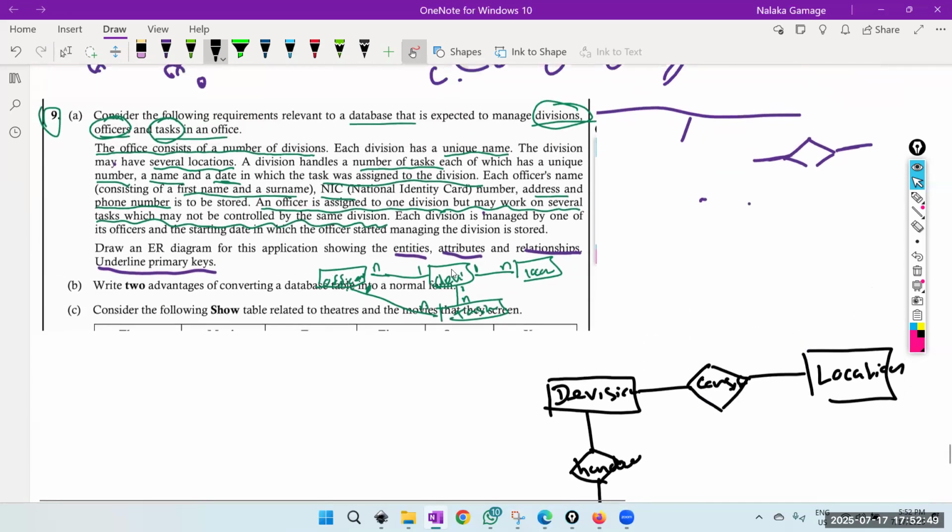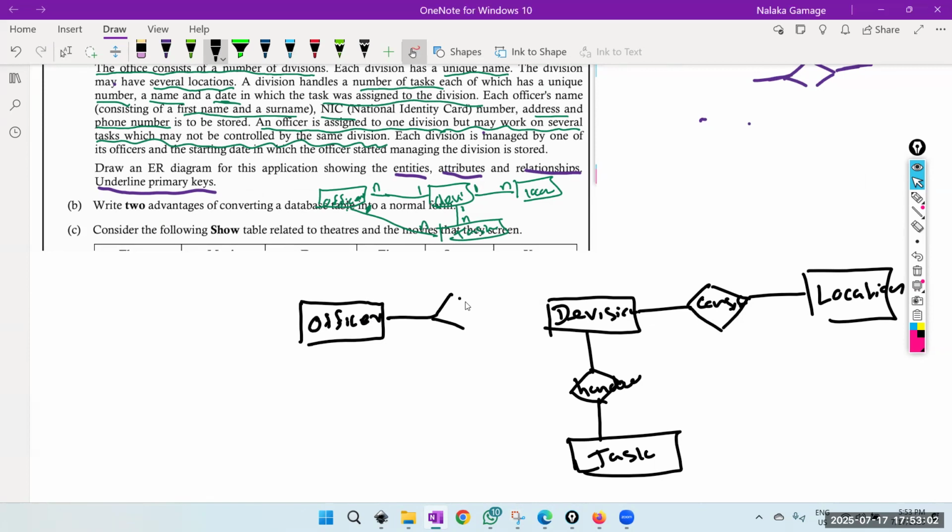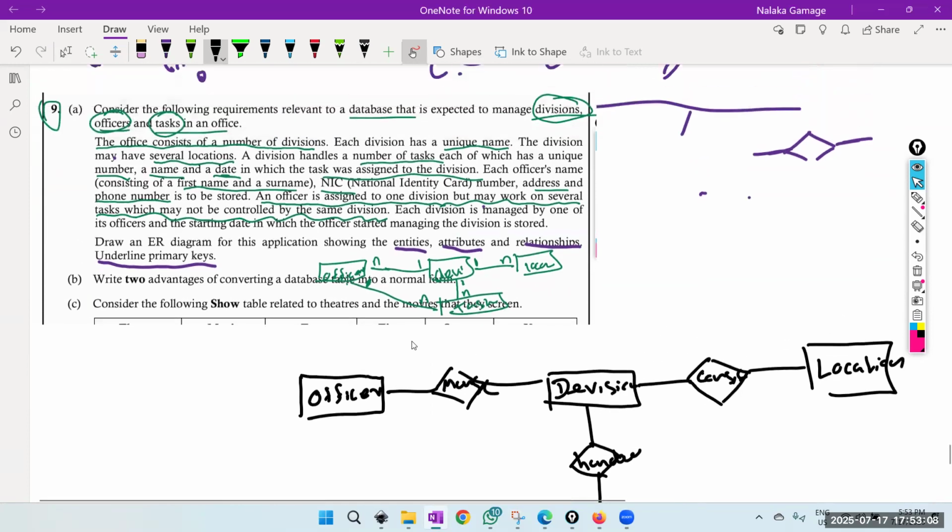Then division has officer. Like officer manages division.